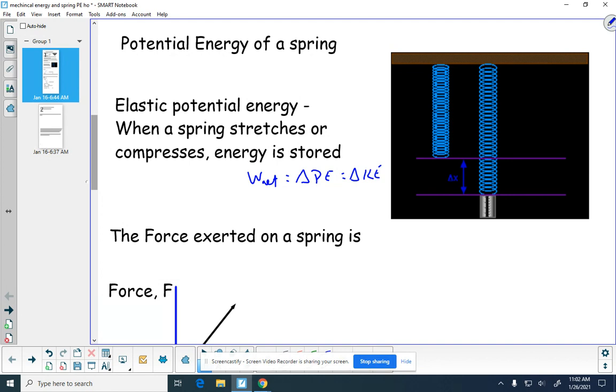If I am stretching a spring out, I'm taking a force and exerting it for a distance. That means I'm doing work, which means my potential energy is changing. What I had initially with my potential energy, I have changed, because I've done work to stretch something out.